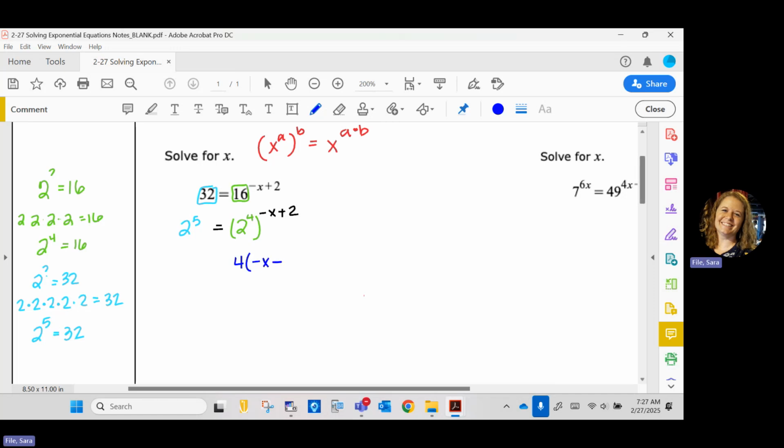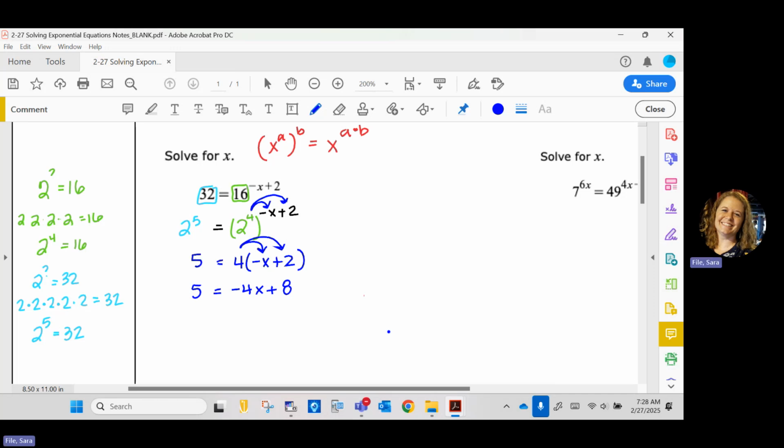So if you need to write this out this way to see the distribution happening, write that step. Some of you will do that step in your head. You'll say, okay, I got to multiply that 4 by both of these. And that's fine. And you'll jump straight to here where you say, okay, that's going to be negative 4x plus 8. And on the left, our exponent is just 5.